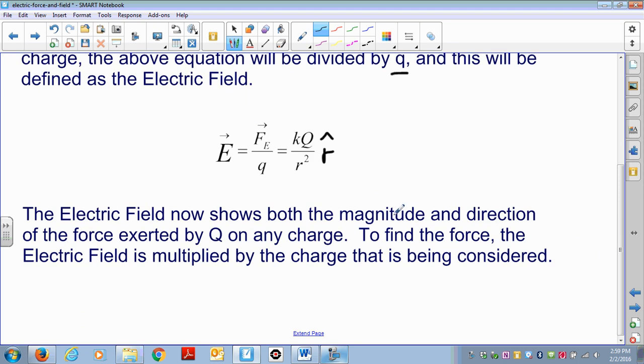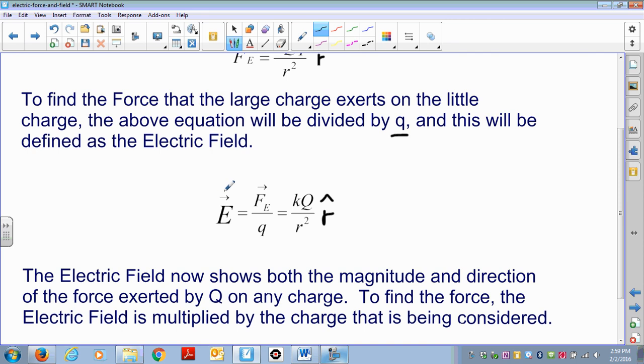So now let's go through this a little bit so that you understand what this means. We're really looking for the electric field of the large Q. So we take this equation here, kQ divided by r squared, and that gives us the electric field of this charge. In order to find this electric field experimentally, we would have to bring in a tiny charge called q.